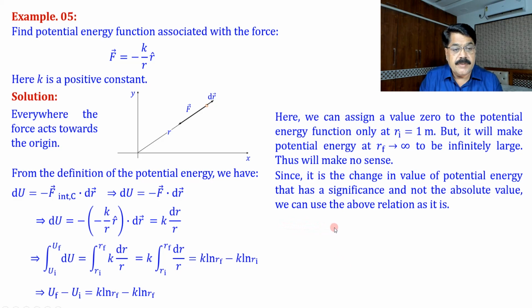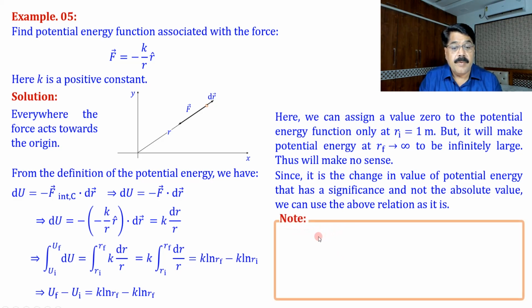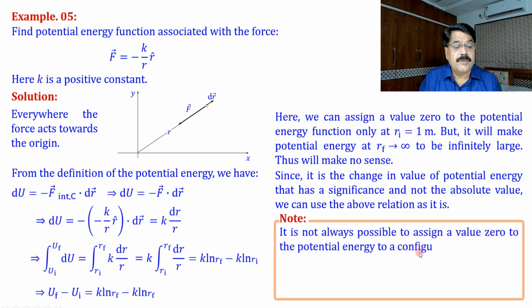So let us summarize this as a note. It is not always possible to assign a value 0 to the potential energy of a configuration. Only when we can assign a value 0 to a configuration will it make simplification. If we have to assign a configuration a particular value, then it will not make the relation simpler.